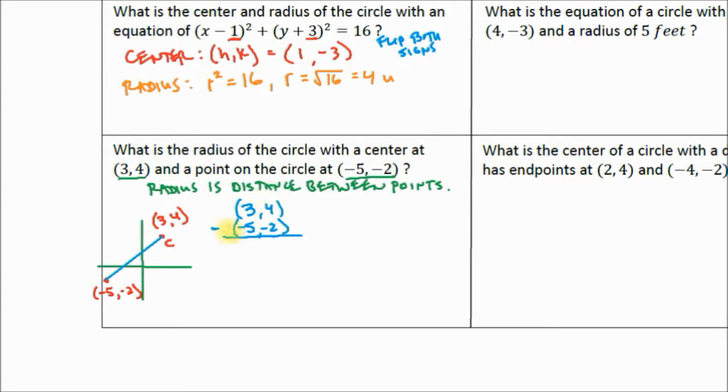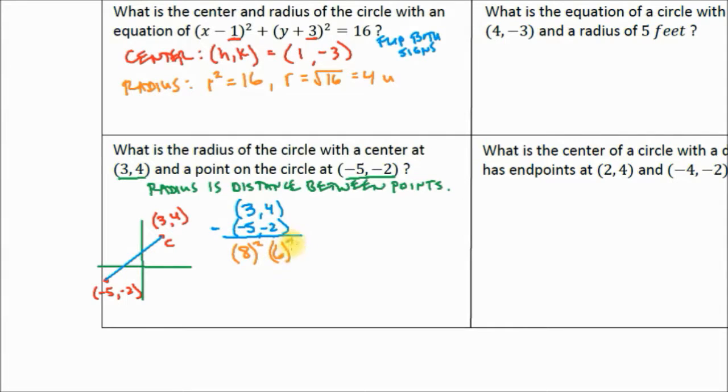So 3 minus -5 is 3 plus 5, and that's 8. 4 minus -2 is 4 plus 2, and that's 6. The next thing in the shortcut is we take that number. It doesn't matter whether it's positive or negative. Put it in parentheses and square it.